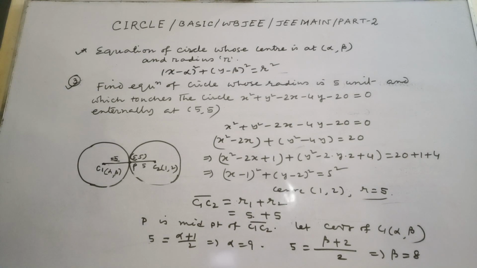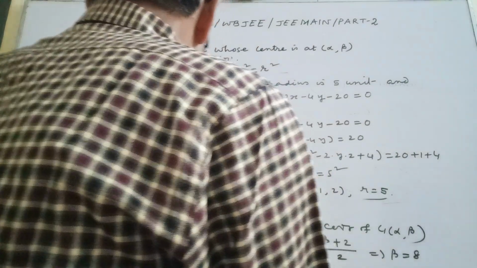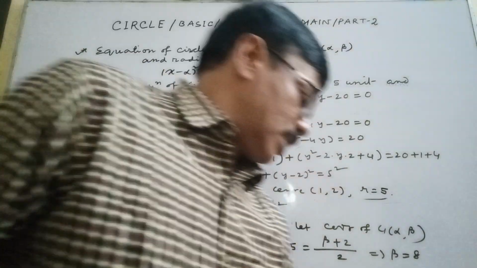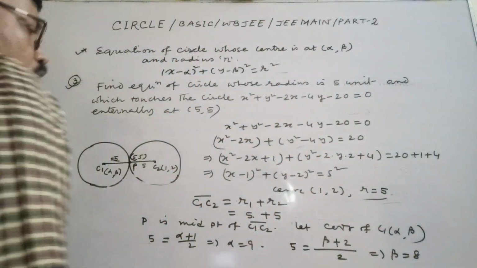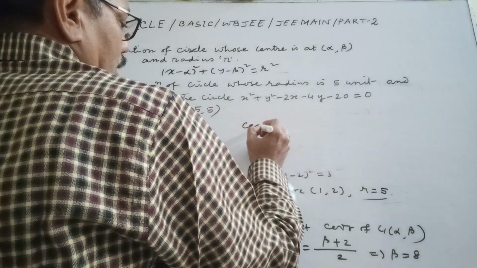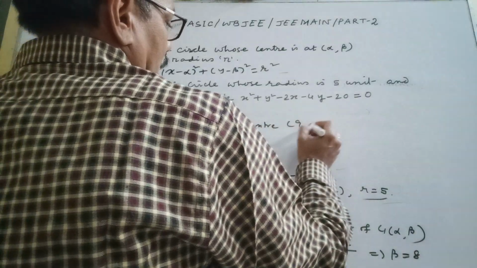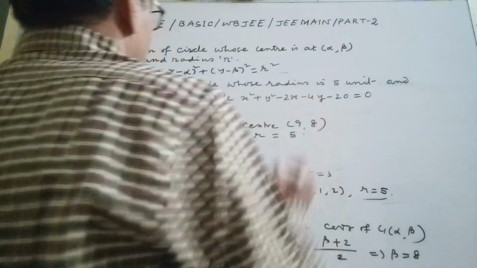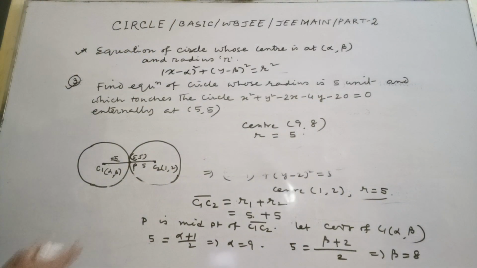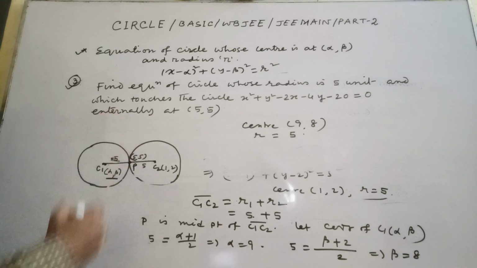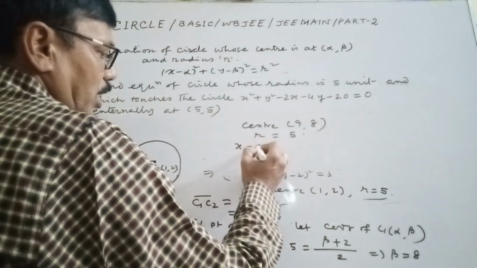So we are getting the center. Center of C1 is (9, 8), and the radius is 5. So what is the equation of the circle?